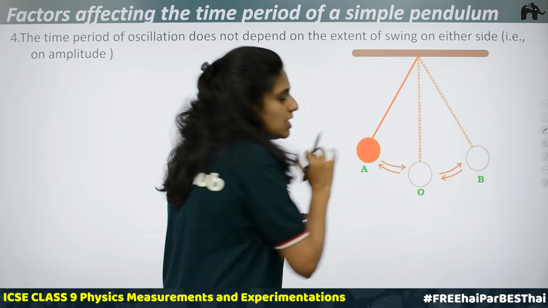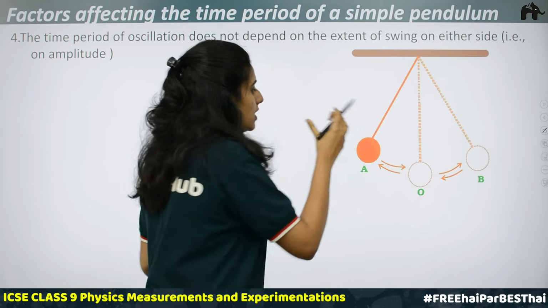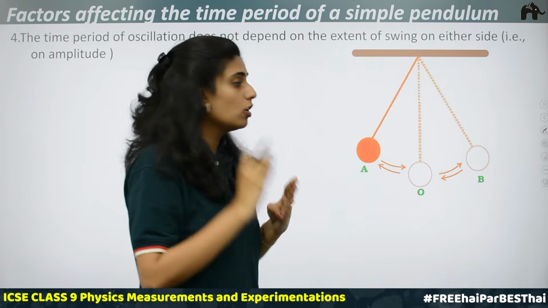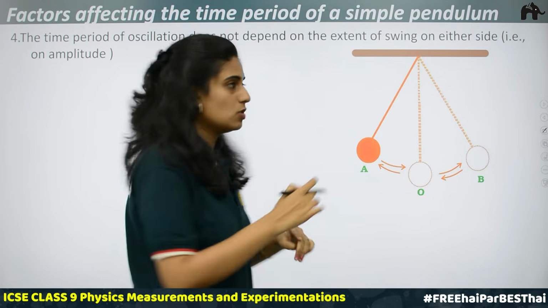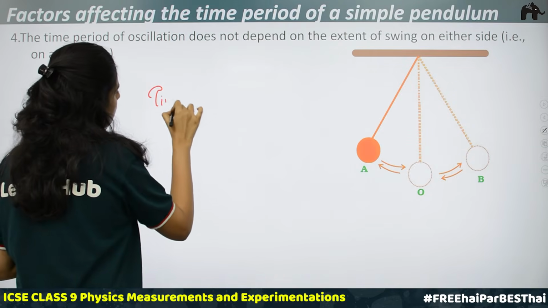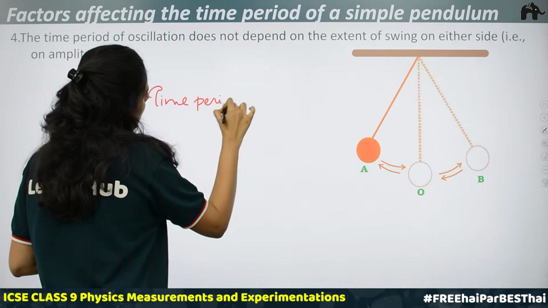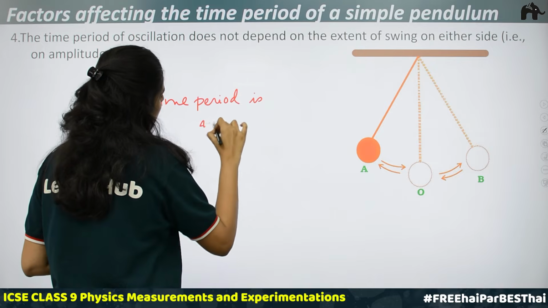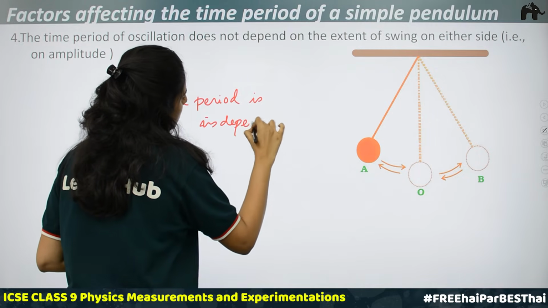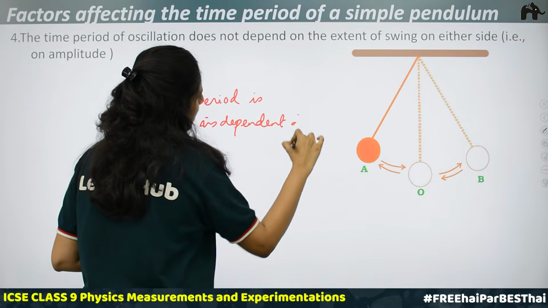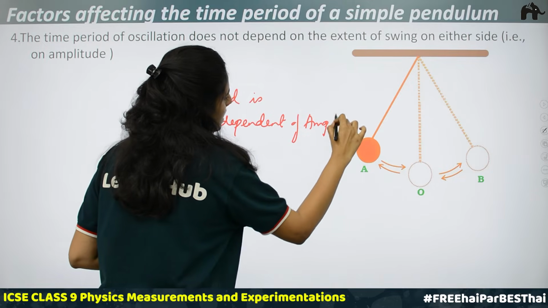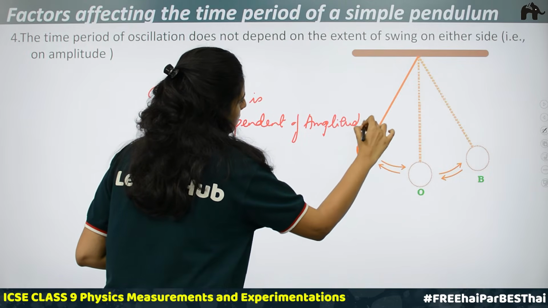That is, the maximum displacement is called amplitude. So, when this amplitude changes, there is not going to be any change in time period. So, time period is independent of amplitude, that is the maximum displacement.